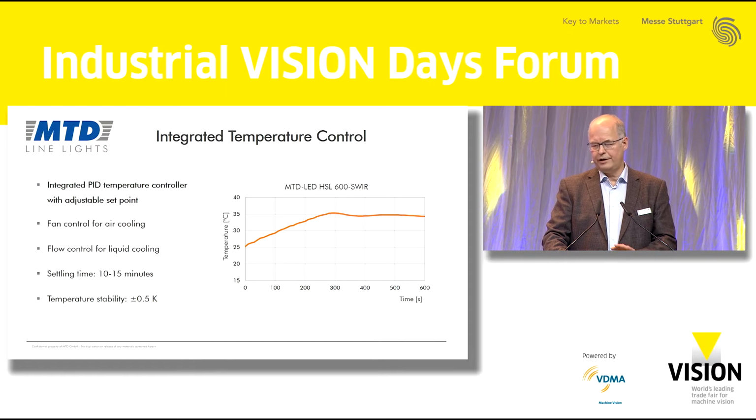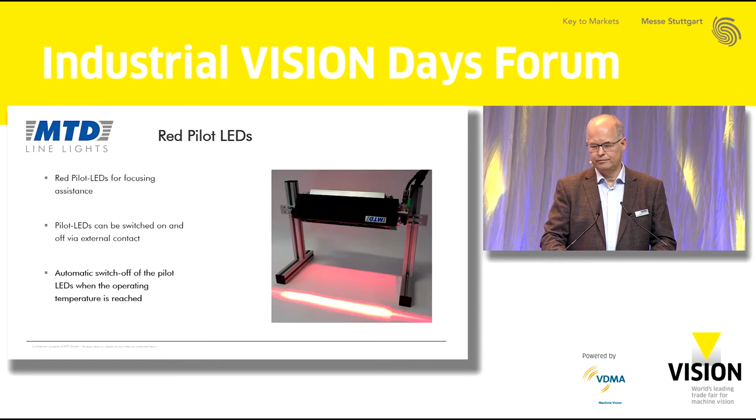Depending on the surrounding temperature, the settling time is about 10 to 15 minutes. Afterwards, we have a temperature stability of plus minus 0.5 Kelvin. And finally, this is the basis for a stable spectrum.